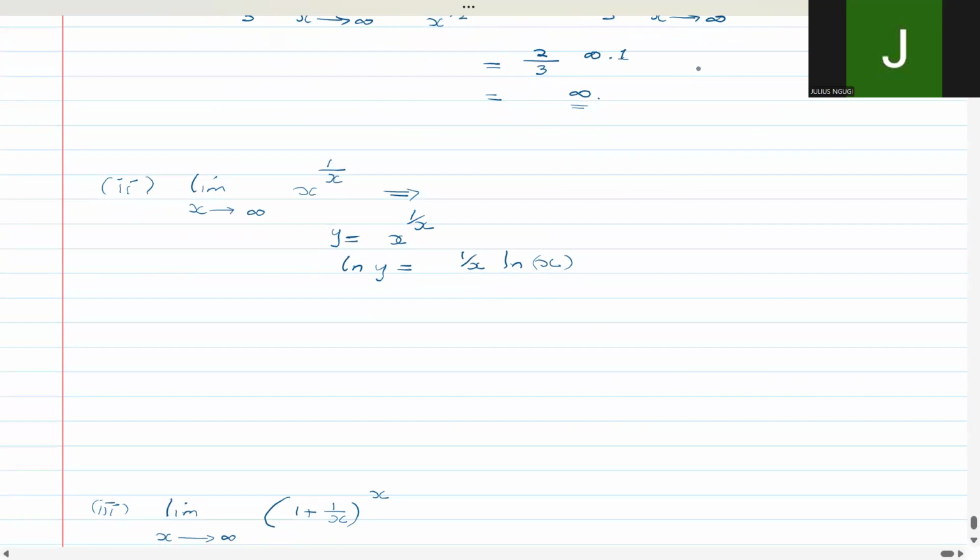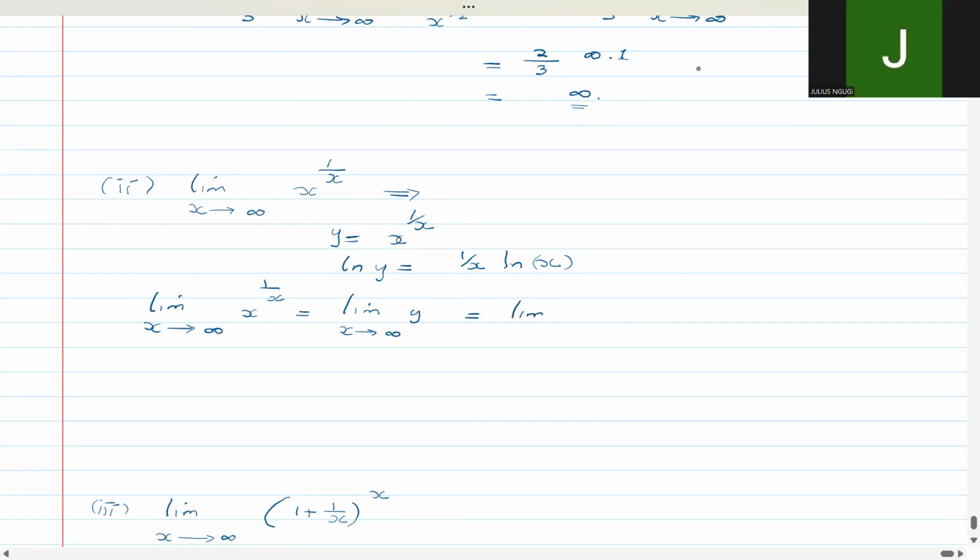Going back to the limit question, we have the limit as x approaches infinity of x to the power 1/x, which equals the limit as x approaches infinity of y. Don't change the question.